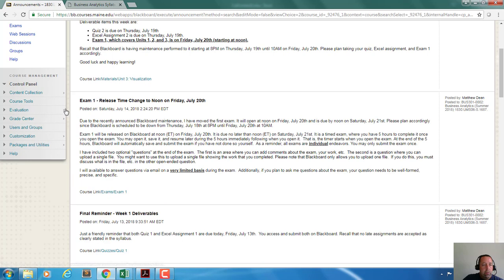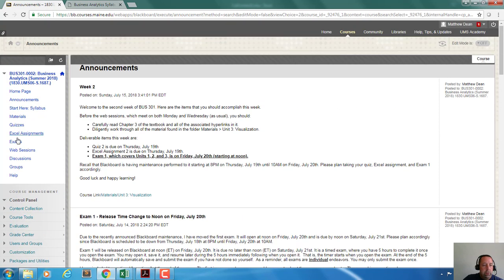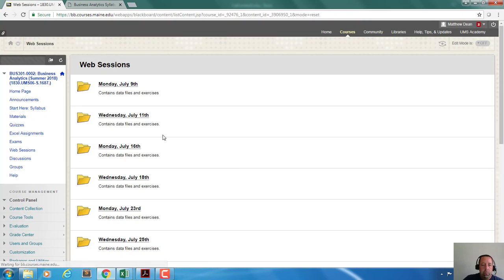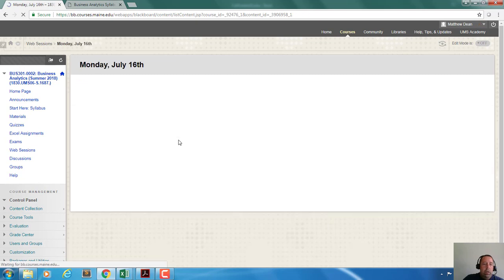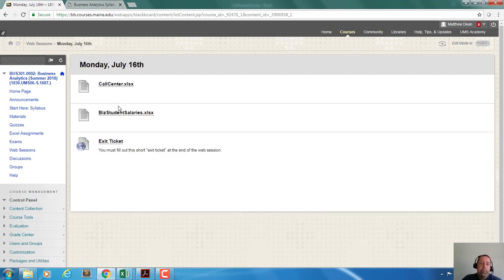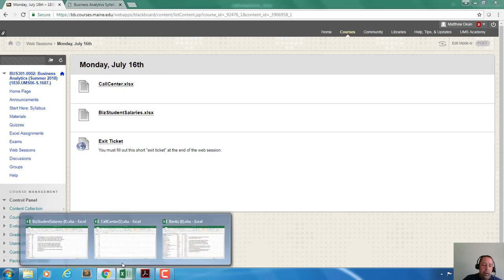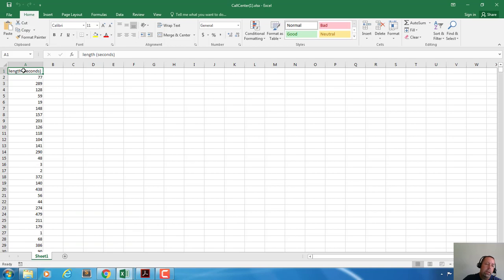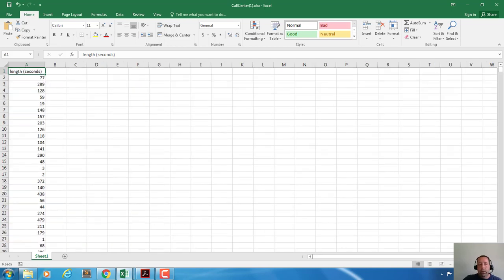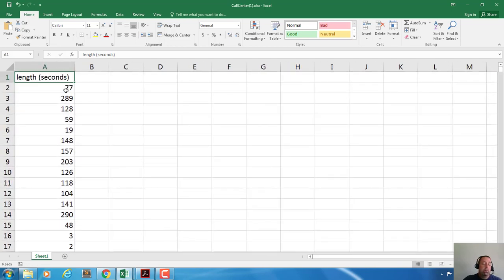So then for our web session for this week, for Monday, we have 2 different Excel assignments. One's a call center. There's not a whole lot of information there, so I'm going to talk about that. I downloaded it. Here's what it looks like. It is only 1 column, and this is incoming calls to a help call center.